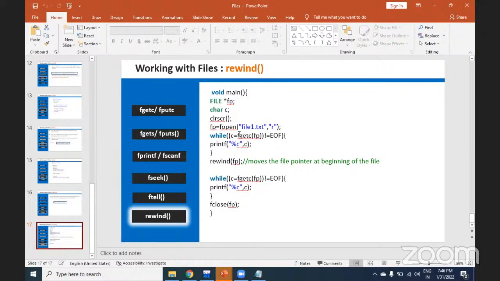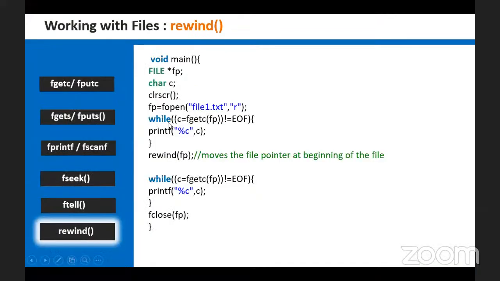So you try to understand what happened here. Simply, you just open in read mode and you have written it. This we already did in a program, right? Character by character reading and checking end of the file, and display it. So one time you read and display.